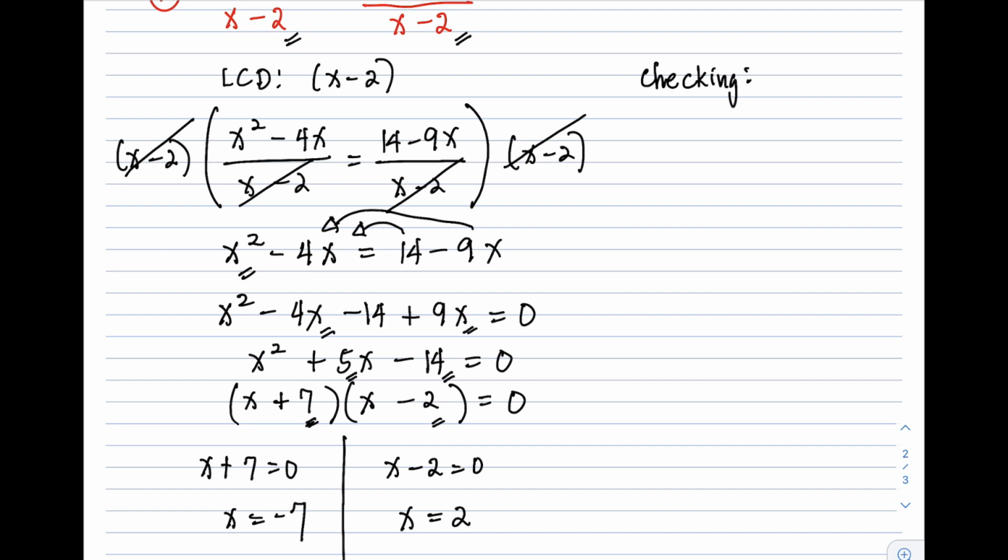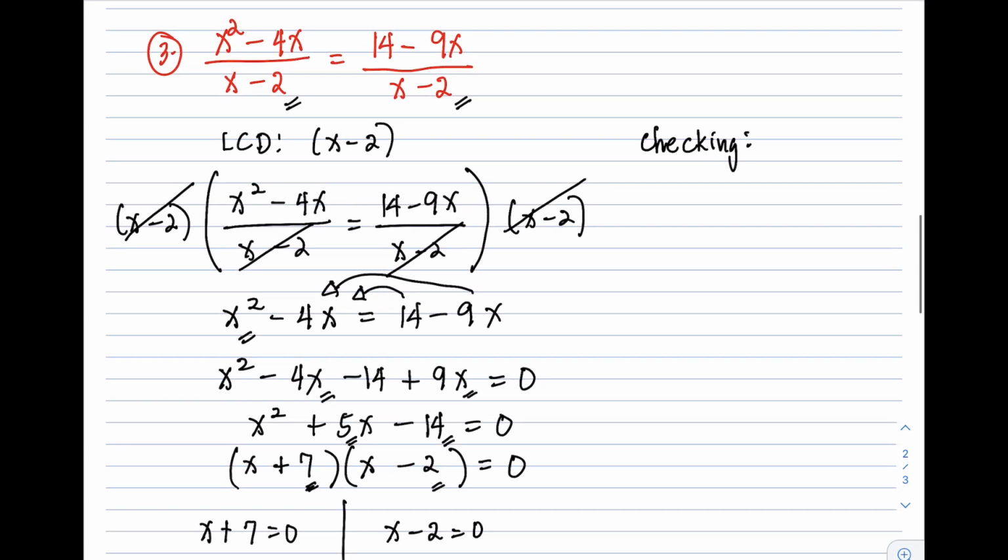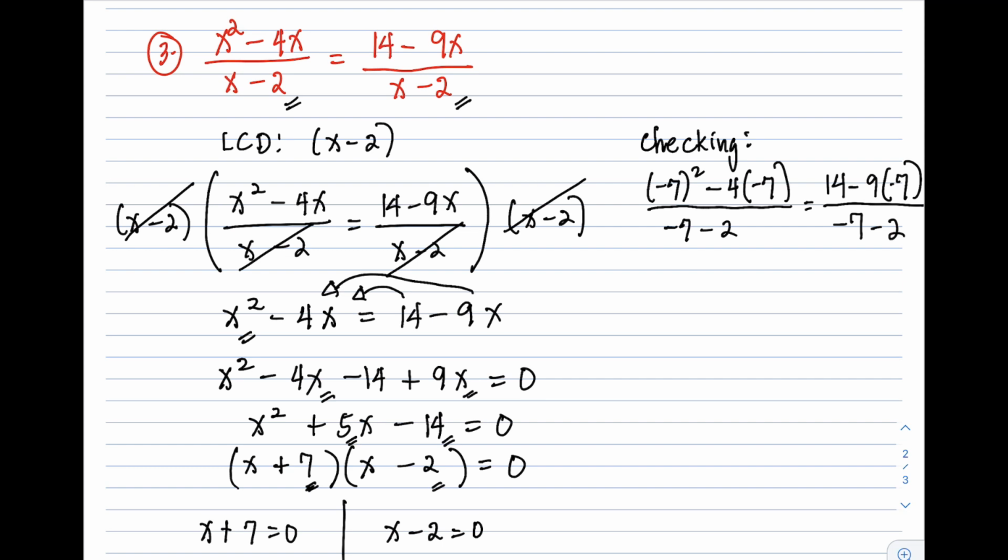So, checking, unahin natin si negative 7. So, negative 7 squared minus 4 times negative 7 over negative 7 minus 2 equals 14 minus 9 times negative 7 all over negative 7 minus 2. So, simplify natin yung nasa numerator. Negative 7 squared, that is 49.